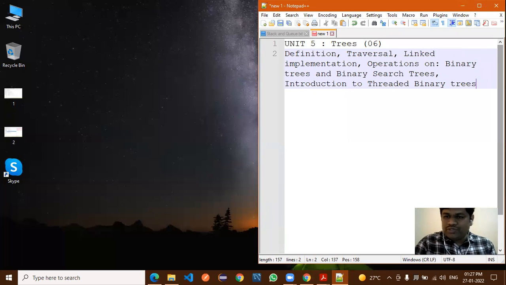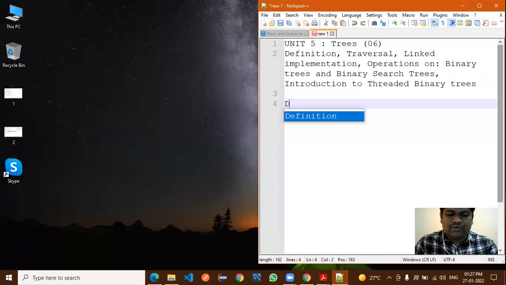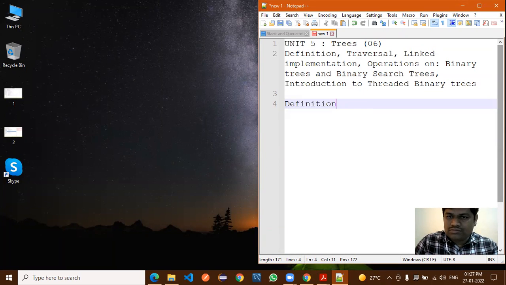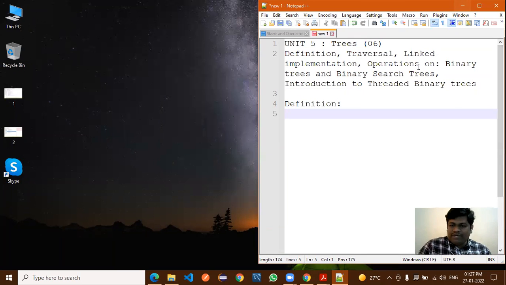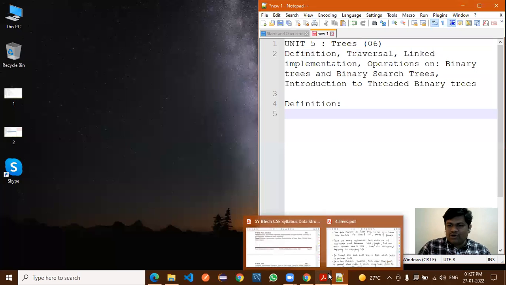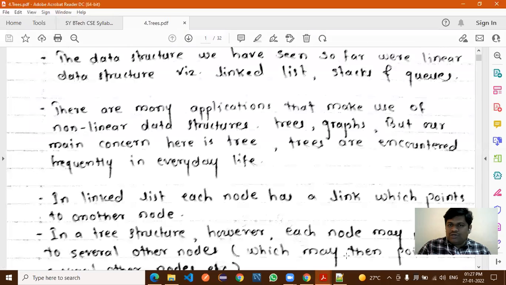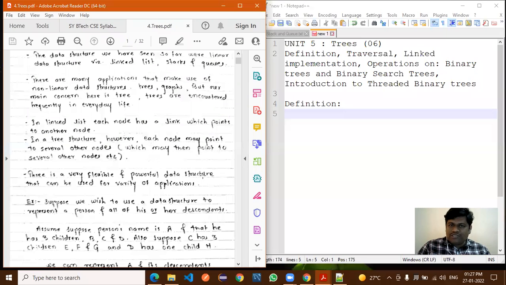Before proceeding to the definition, we'll have some prerequisites related with the tree. Why do we need to go for the tree? We already have linear data structures. Is it necessary to go to non-linear data structures? What is the purpose?